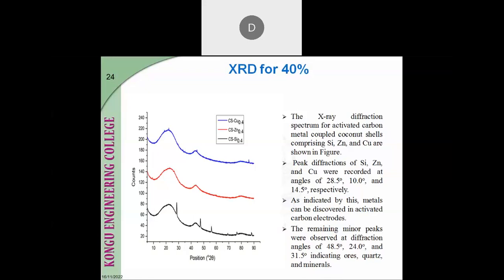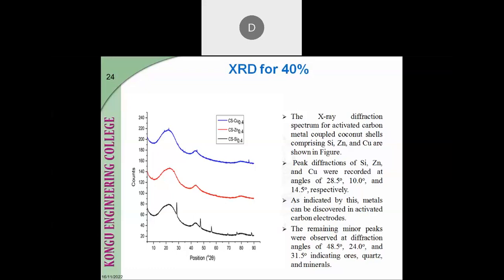Also from the results we can say the metals are present in the activated carbon electrodes, and wide diffractions were observed in both carbon samples, which indicates an amorphous structure loaded with carbon rings, and an adsorption gap was formed.